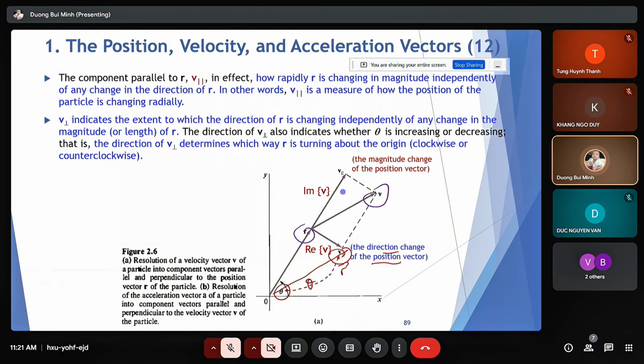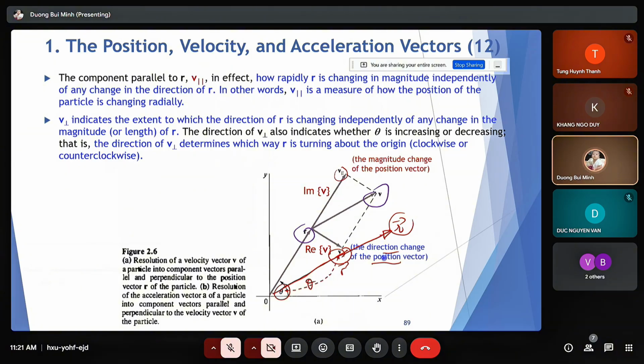Okay. And V parallel means the magnitude change of the position vector. Yeah. So after some time, vector R should be like this. Why? Because V is parallel with R, the same direction. So after some time, you get more distance.